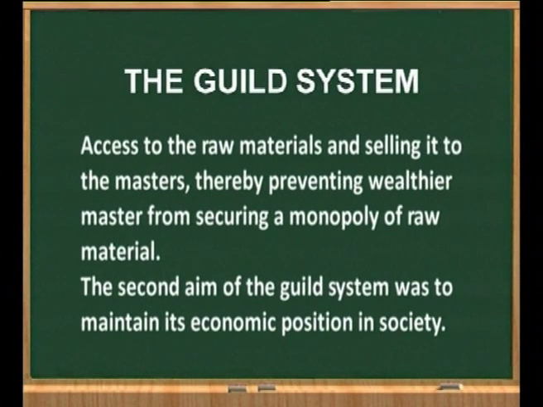The guild controlled access to raw material and sold it to the masters, thereby preventing wealthier masters from securing a monopoly of raw material. The second aim of the guild system was to maintain its economic position in society.